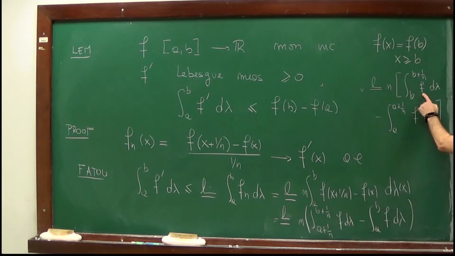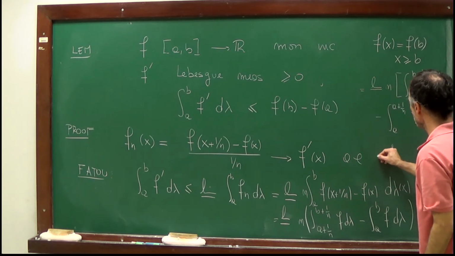Well, by definition, f is equal to f(b) for all x larger than b, so this is constant, equal to f of b. The integral is running over an interval of size 1 over n. I have n in front, so this is f(b).